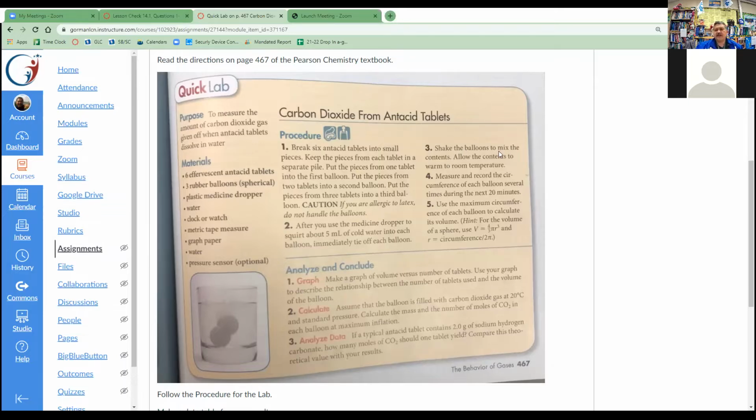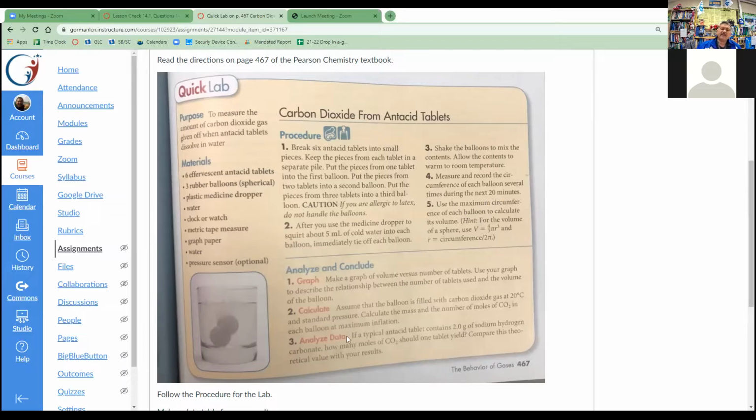Then number 3 says shake the balloons and mix contents, and allow the contents to warm to room temperature. Measure and record the circumference of each balloon several times during the next 20 minutes. Once we get this started, I'm going to measure it at 5, 10, 15, and 20, so we'll get 4 measurements to work with.